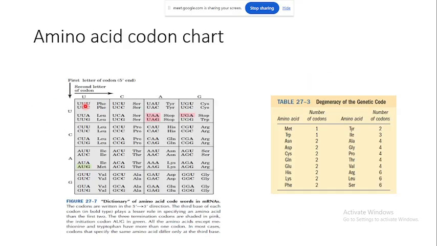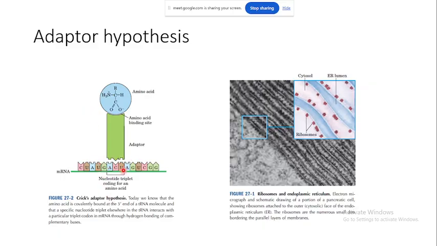For every specific codon there is a particular amino acid. So the tRNA will interact with this codon, and according to the tRNA which can interact with this particular codon, it carries a specific amino acid. Those amino acids can be incorporated into the growing polypeptide chain.